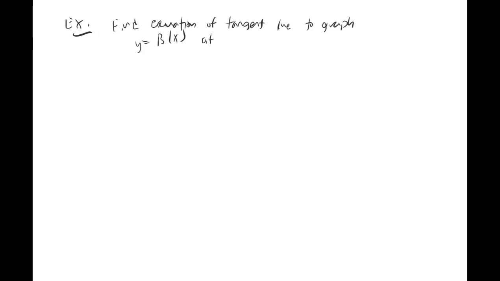So example: find the equation of the tangent line to the graph y equals b of x at x equals 6, if b of 6 is 0 and b prime at 6 is negative 1/2.